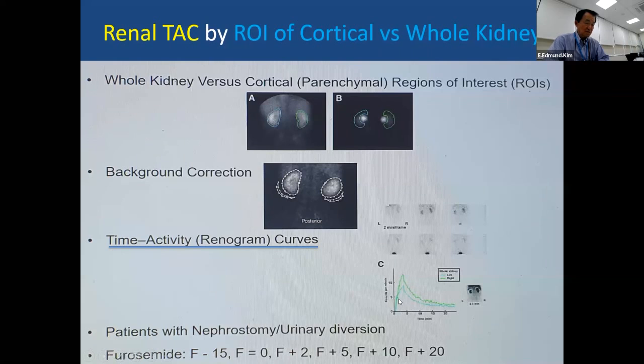And so the peak should be around 3-4 minutes, before 5 minutes. And from the peak down, draw this line and make a half, that's called T half time. T half time should be less than 10 minutes generally.